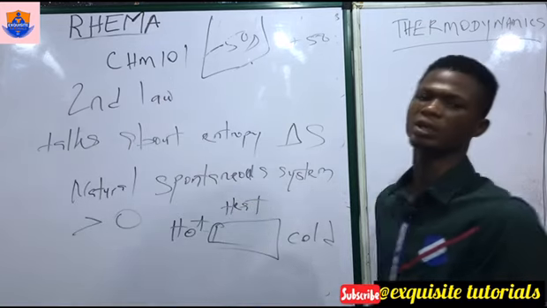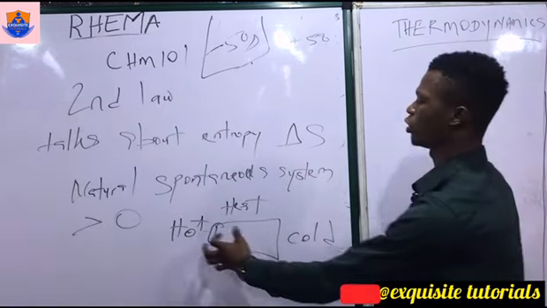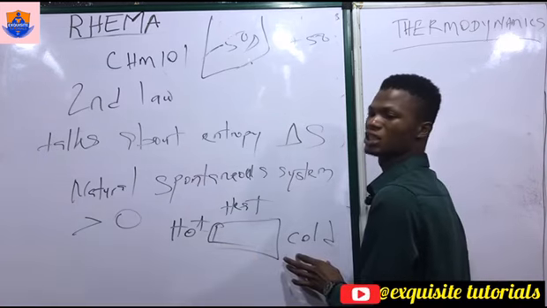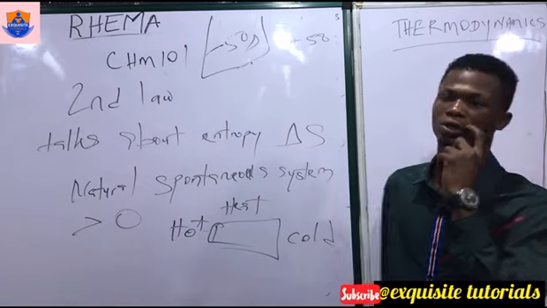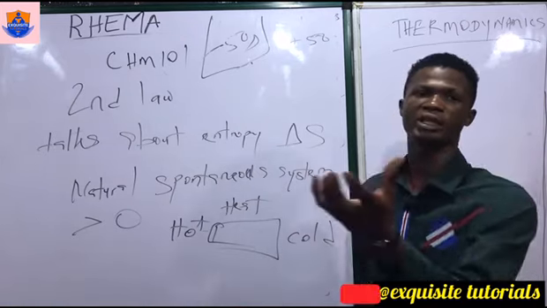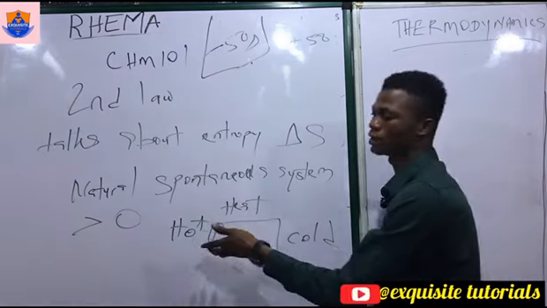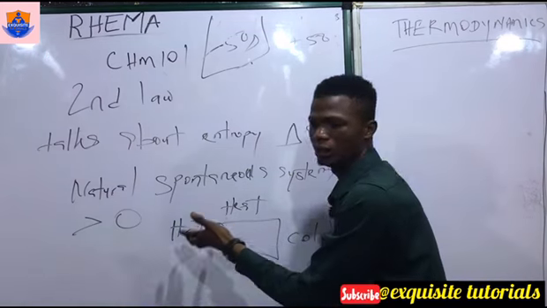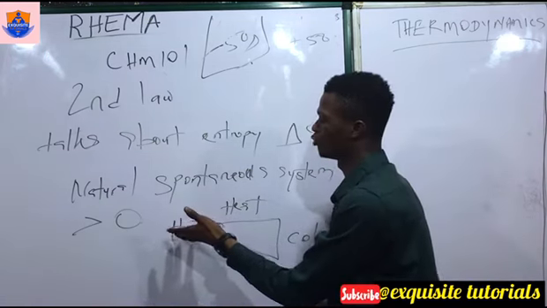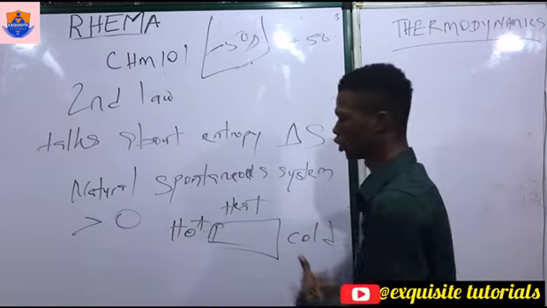It is naturally expected that heat is going to move from a hot body to a cold body spontaneously, without any added energy, because it is expected that the level of disorderliness is high for a natural system.